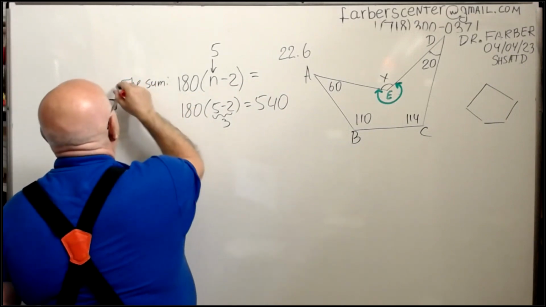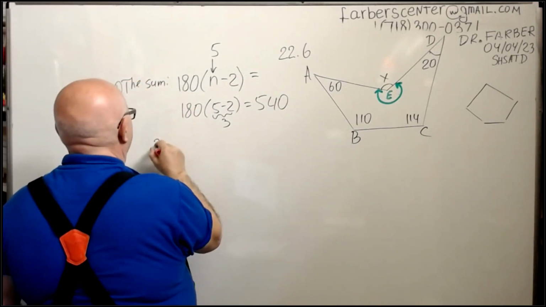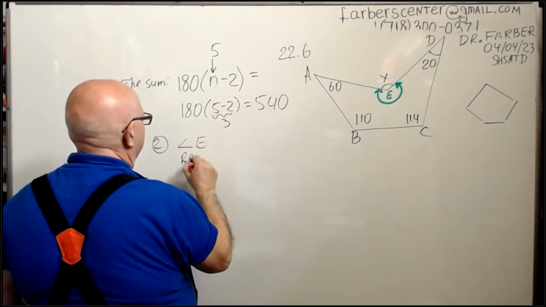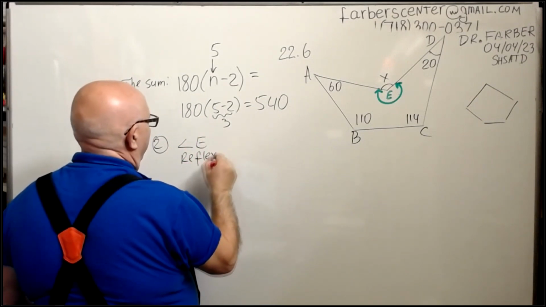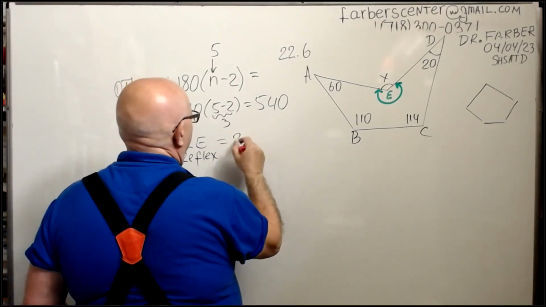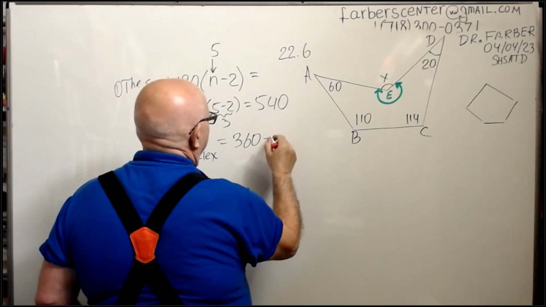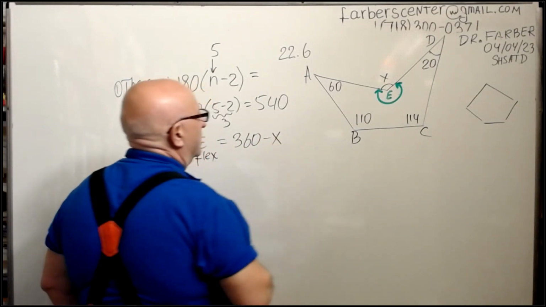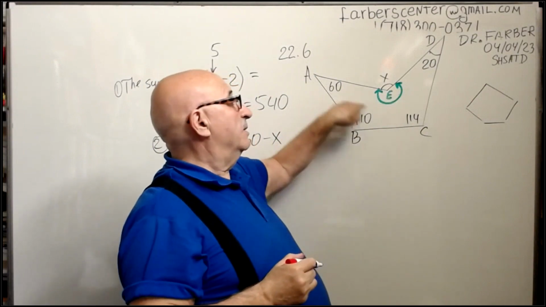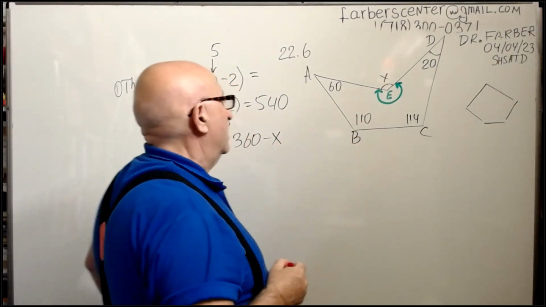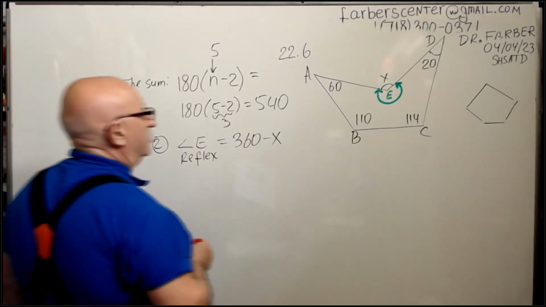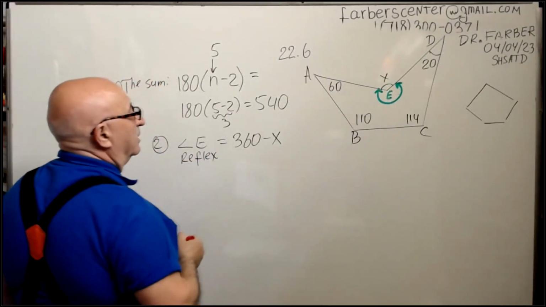This is step number 1. Step number 2. Angle E, reflex, equals 360 minus x. And what is the difference? This angle is the inner angle. And you can easily write the total of inner angles of this pentagon.